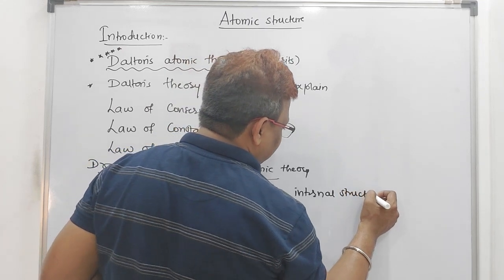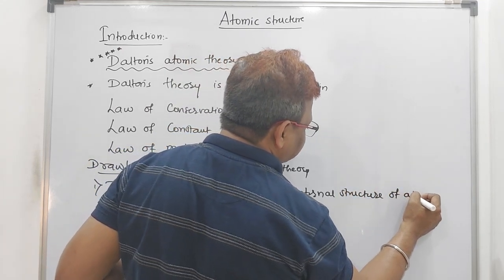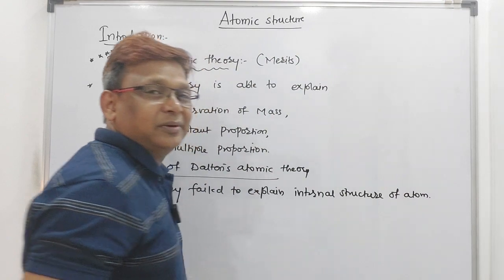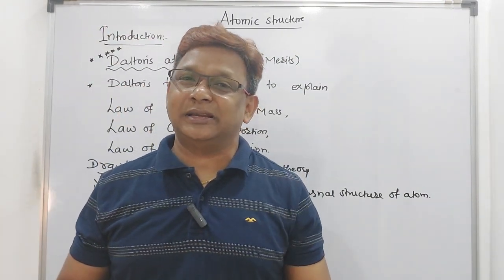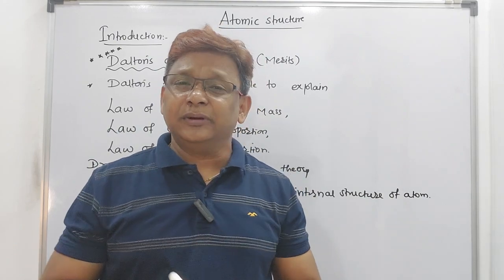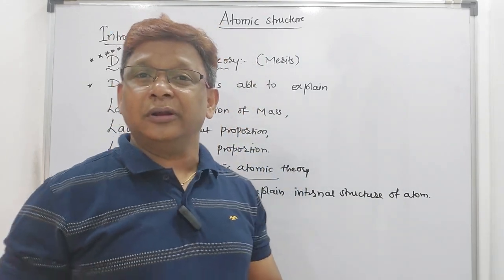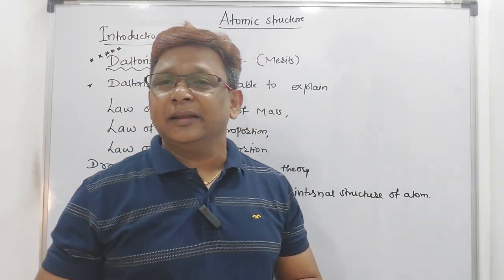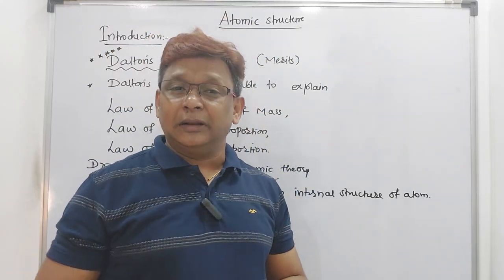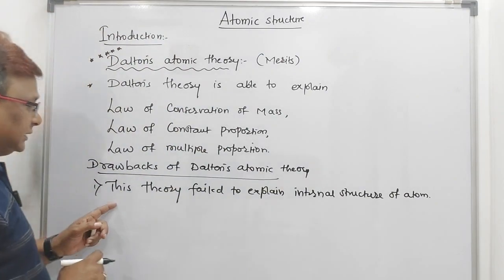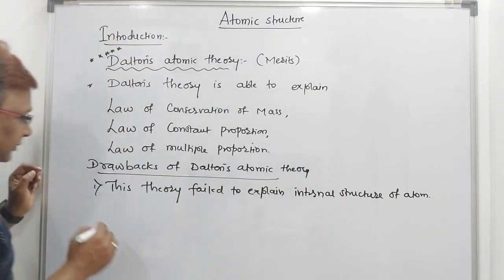I said to you, beta, according to Dalton, the smallest indivisible particle is called an atom. But after a few years, Thomson, Rutherford and Niels Bohr explained that atoms can be further divided and have some fundamental particles present in them. So this theory failed to explain the internal structure of the atom.